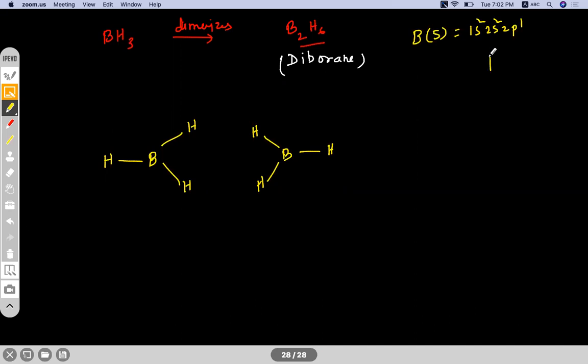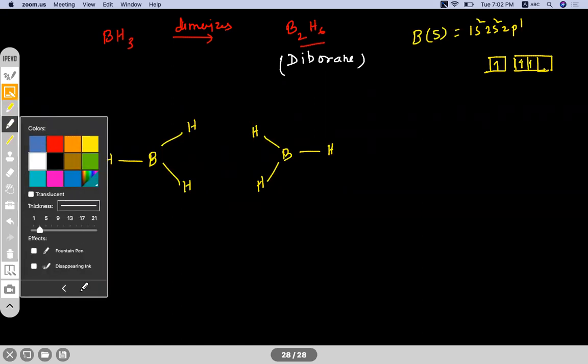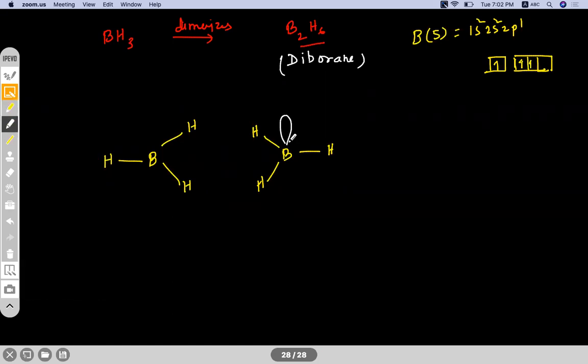In the excited state, it must have 3 unpaired electrons in order to make bonds with hydrogen. So in the excited state, 1 orbital is vacant here. So boron has 1 vacant orbital.